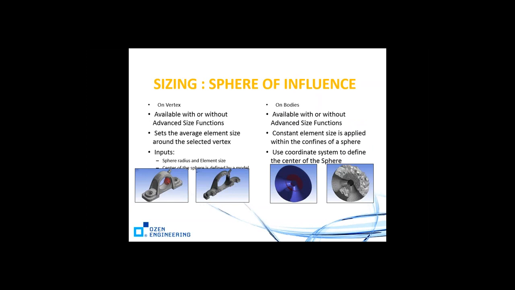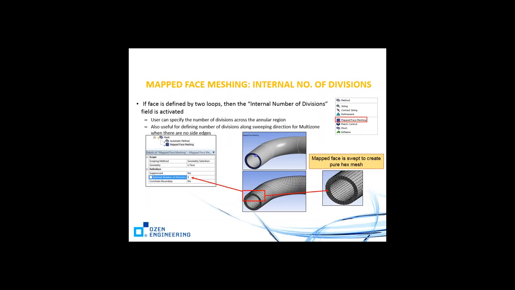That sphere of influence will appear as a sphere, and you can put it anywhere in the model. Within that sphere of influence, you're going to get a lot of nodes and elements. And if you're doing FEA, you can do this mapped face meshing that will automatically give you a bunch of nodes and elements on the inside of the tube.